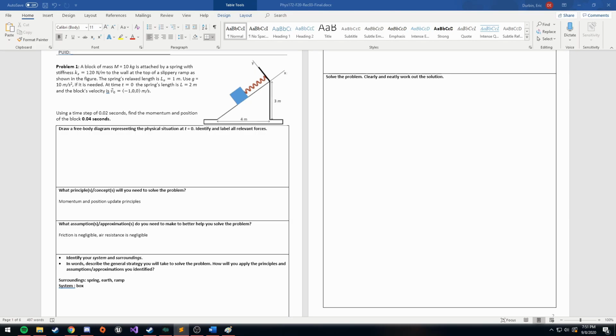Okay, so what do you get for your momentum at t equals 0.02? By the way, it's 0.02.